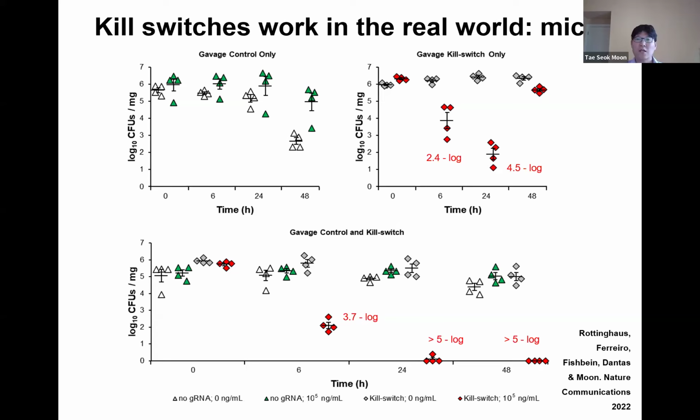Because if you use antibiotics, all bacteria die, and that triggers some other problems, including bowel disease. But we demonstrated that by using this technology, we can now kill only the one bacterium that is the GMO we created.